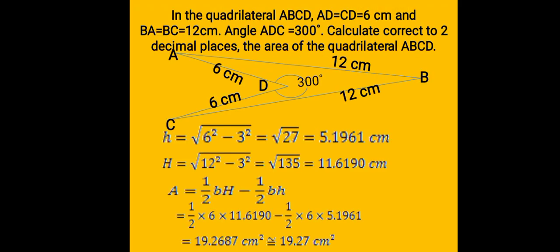In the quadrilateral ABCD, AD and CD are equal to 6 centimeters, and BA and BC are equal to 12 centimeters. Angle ADC is 300 degrees. Calculate, correct to two decimal places, the area of the quadrilateral ABCD.